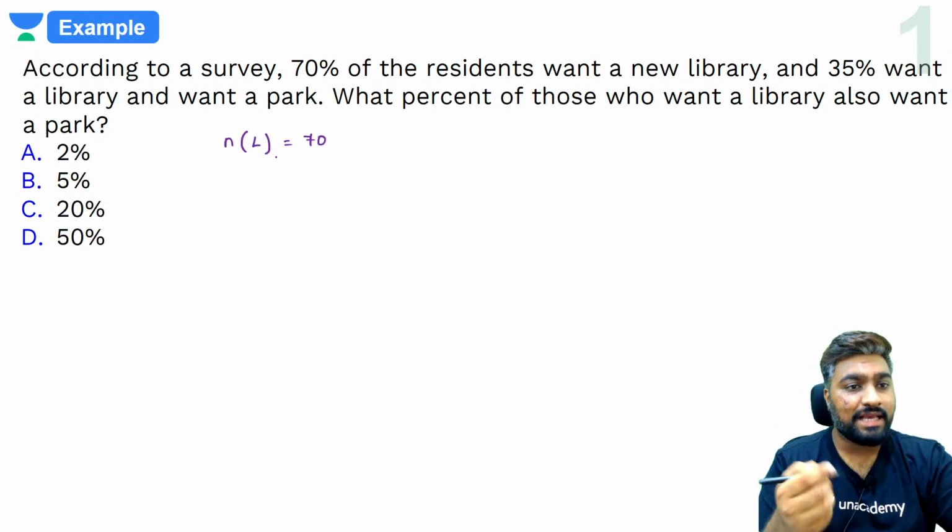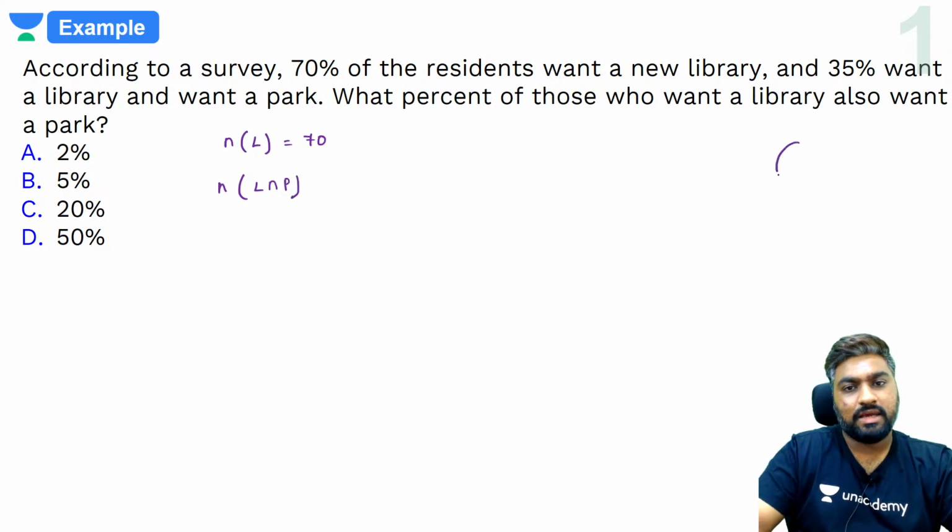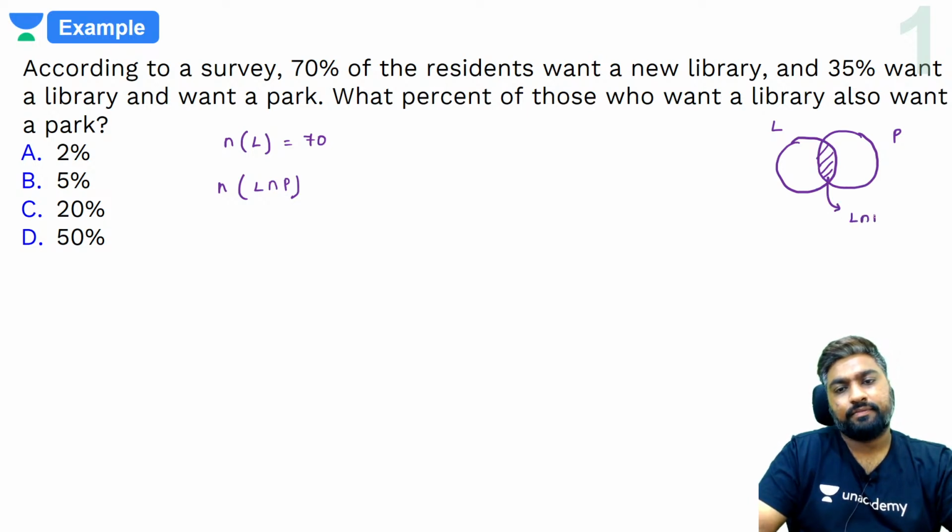So the number of people who want library and park is the intersection of this. These many people want a library, these many people, let's say, want a park. This is the people who want both library and park.